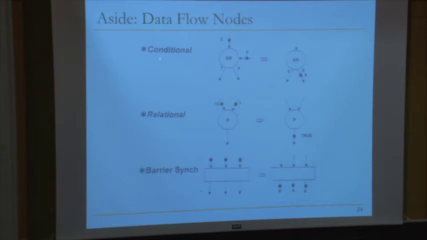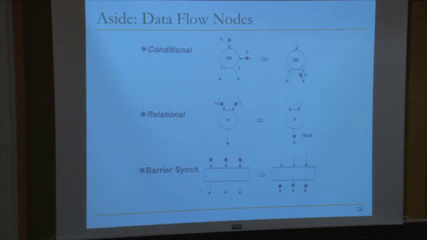For example, this is a conditional data flow node. How does it work? Let's call it a branch. You have a data input and a control input, and you have two outputs, true or false. The control input can be false or true, and the data input can be anything. Depending on the control input, the data input is passed to one of the outputs. If the control input is false, then the data input goes through the false arc.